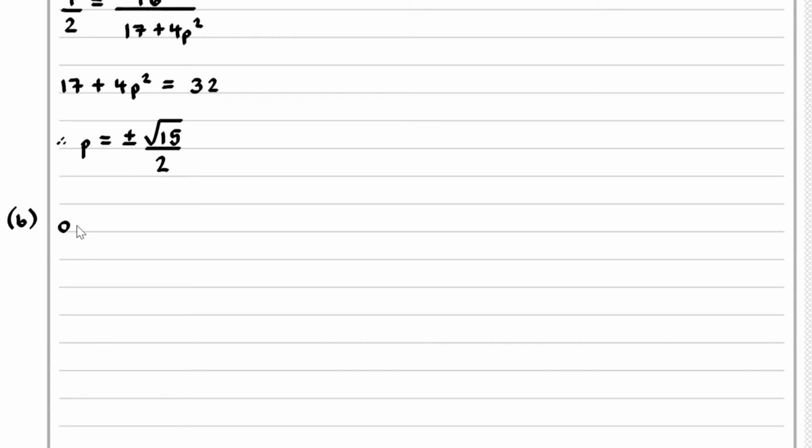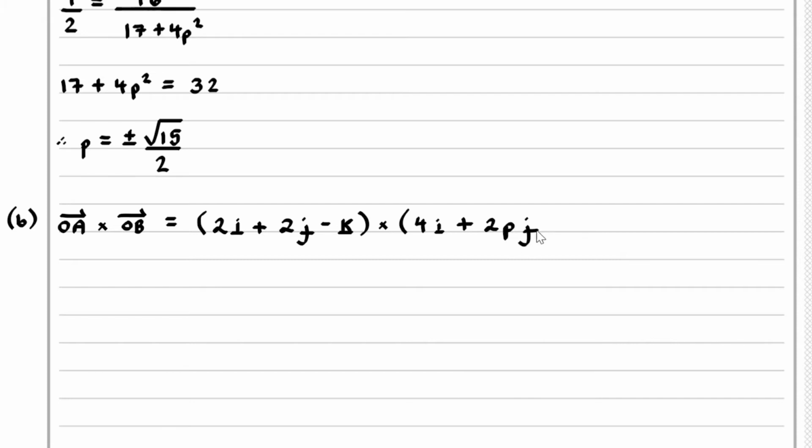So for part B, the vector OA cross with OB, that's equal to, well, what we have here is the vector OA, so that's 2i plus 2j minus k cross with 4i plus 2p j plus k.